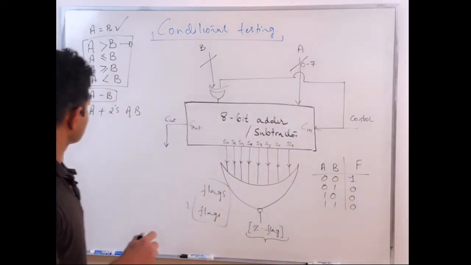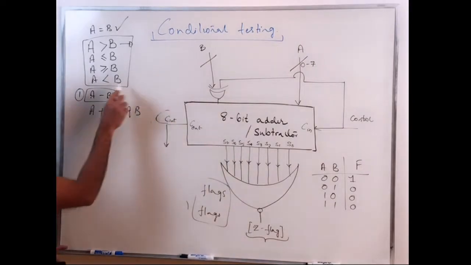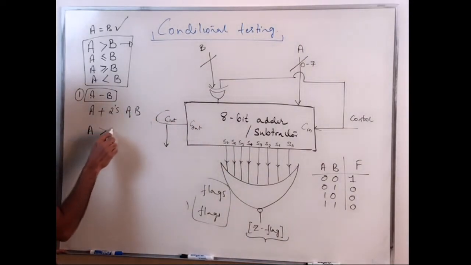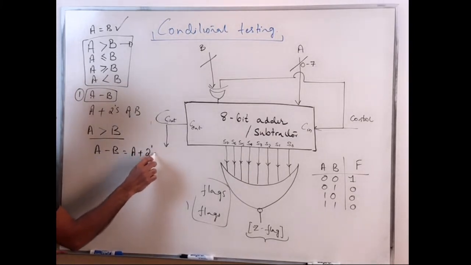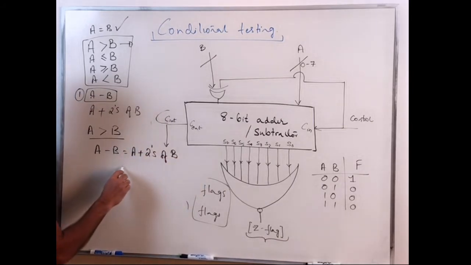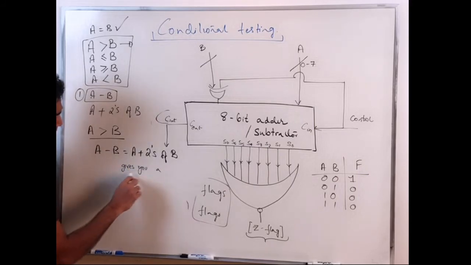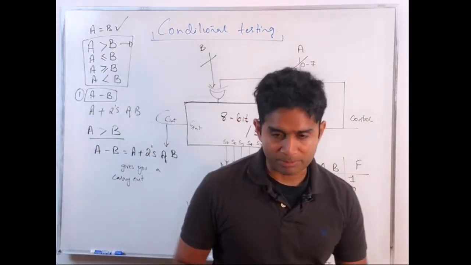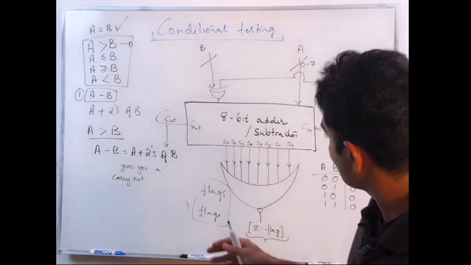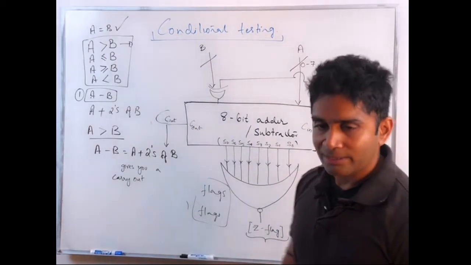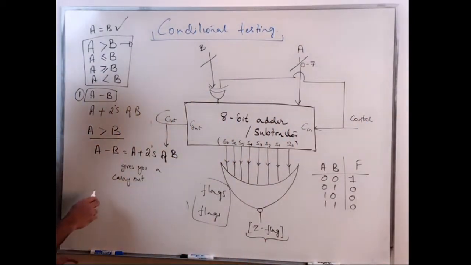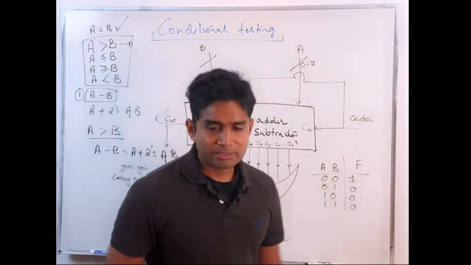Yeah, perfect. Carry. So I use my carry. Remember that for unsigned operations, when A is larger than B, then A minus B, which is basically A plus 2's complement of B, gives you a carry out, which you ignore in the actual operation and just look at the answer as being contained in these bits. Likewise, when A minus B is less than 0, or A is less than B, then you don't have the carry out.